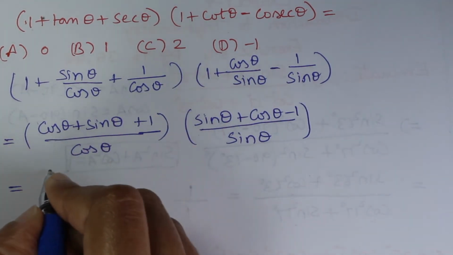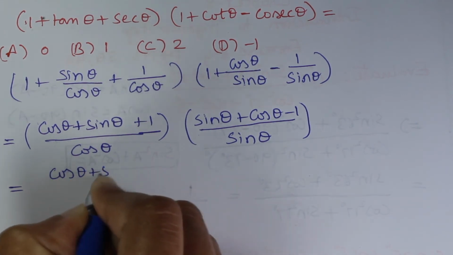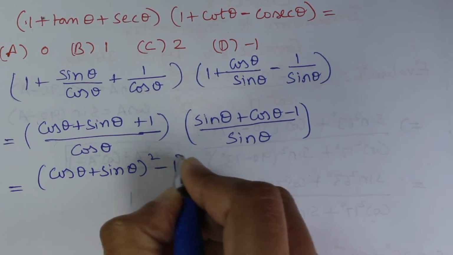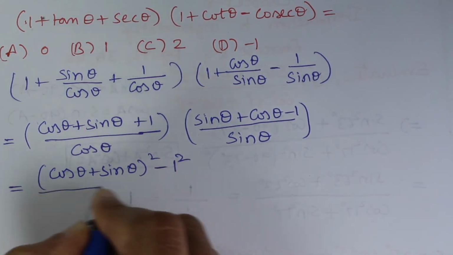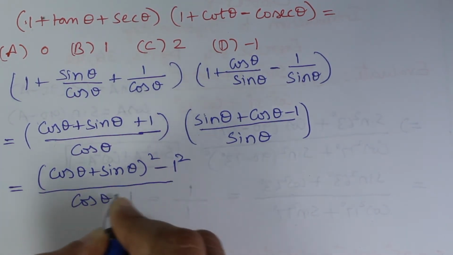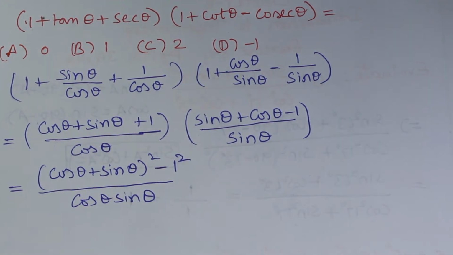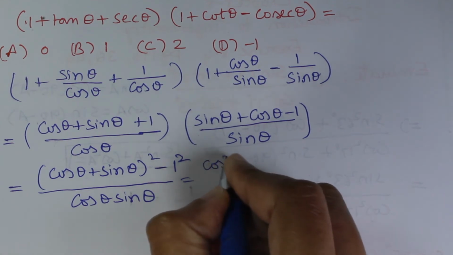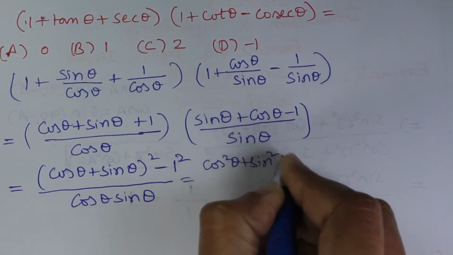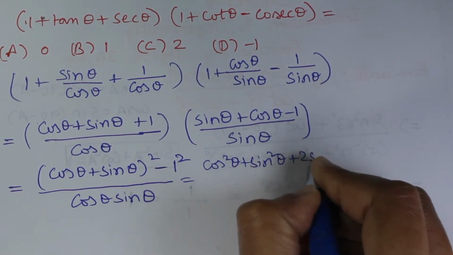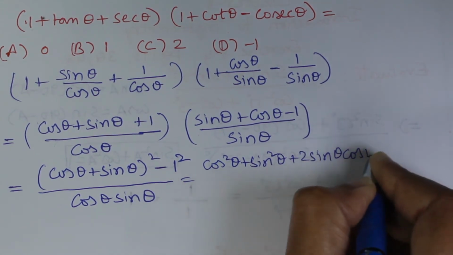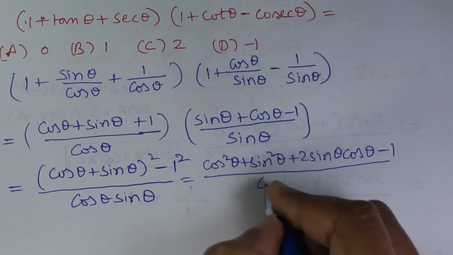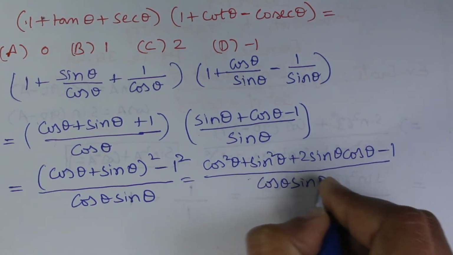So it becomes a square minus b square, cos theta plus sin theta whole square minus 1 square divided by cos theta sin theta. Okay, this is equal to cos square theta plus sin square theta plus 2 sin theta cos theta minus 1 divided by cos theta sin theta.